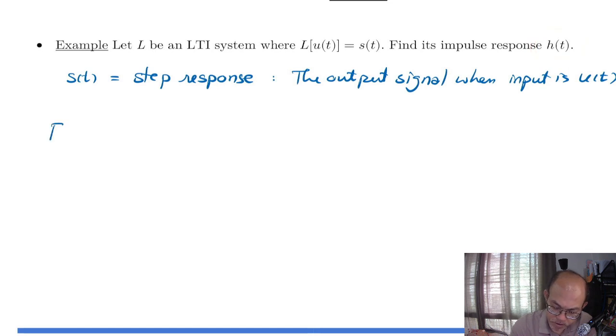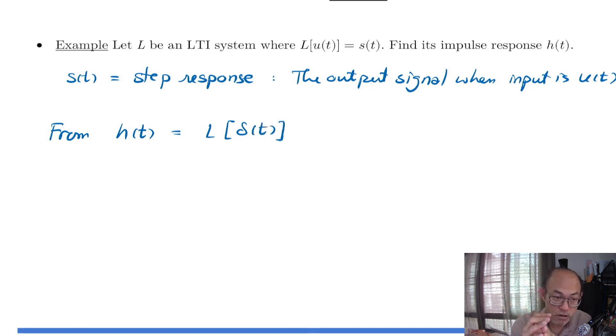Now, the impulse response is defined as the response when the input is delta, right? This is the very definition of the impulse response. It is the zero state response from the system when the input is the unit impulse.